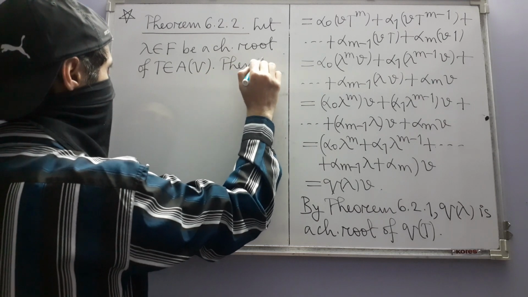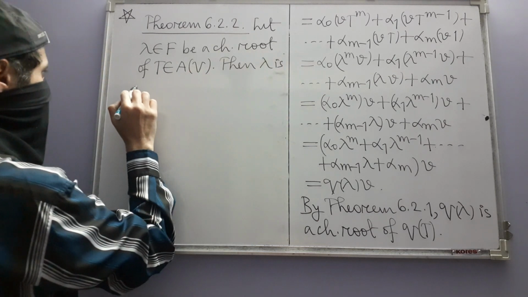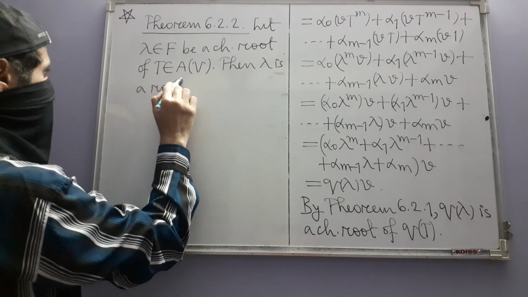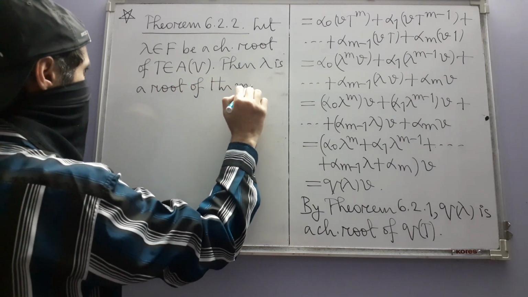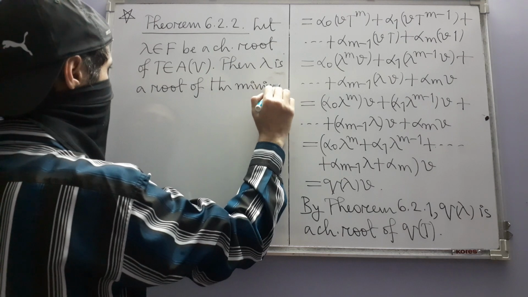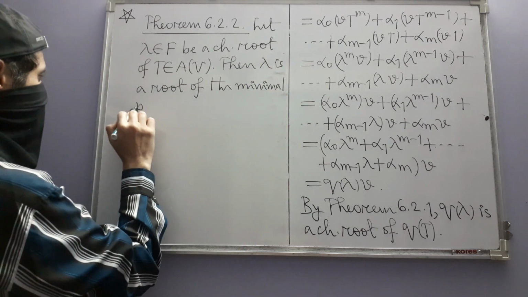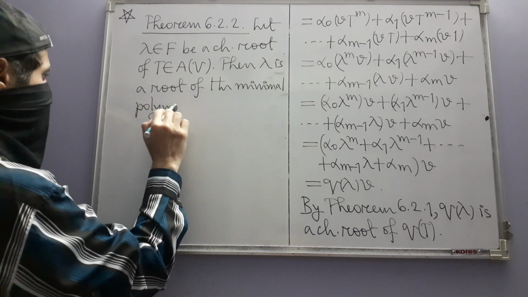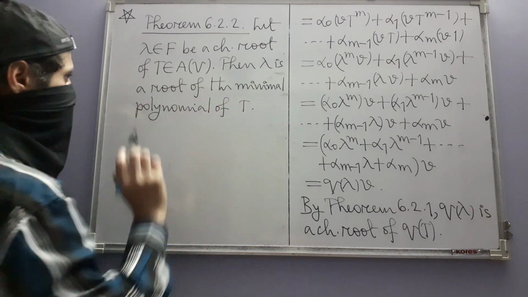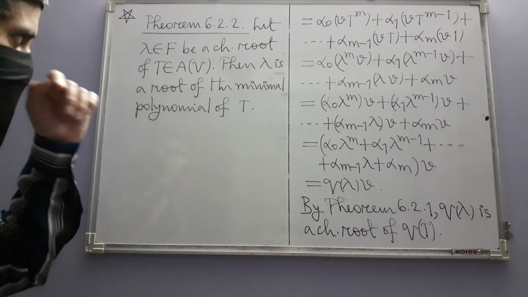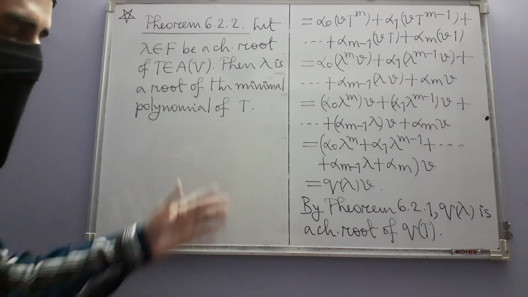Then lambda is a root of the minimal polynomial of T. That's the claim, but there is a little more also.